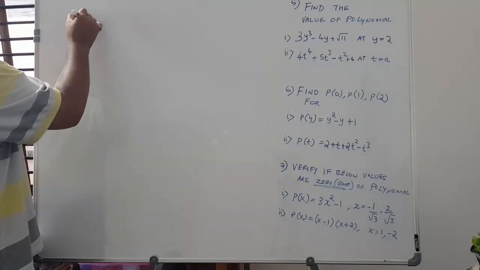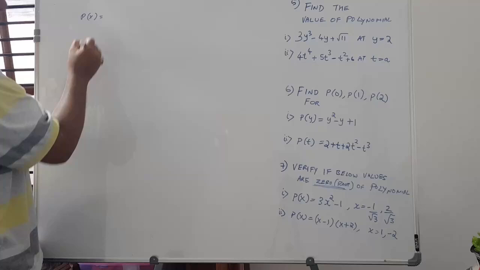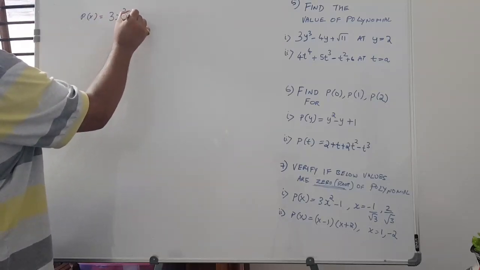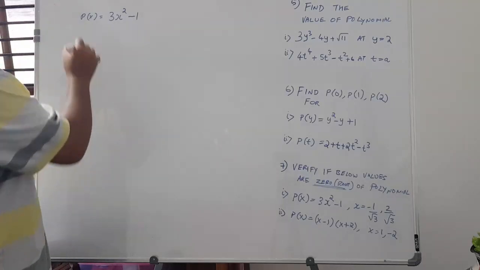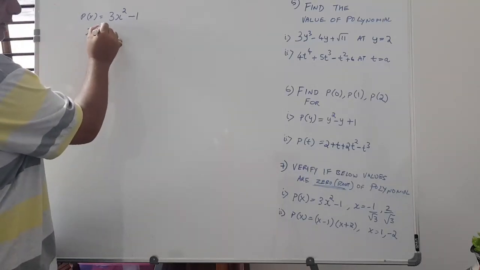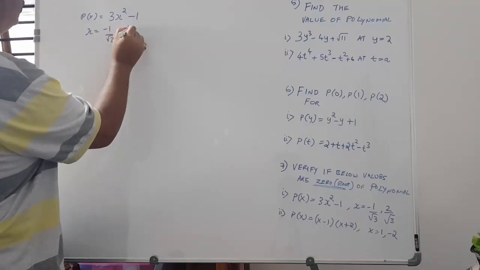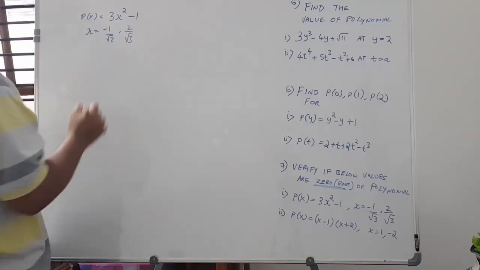So if I have p of x is equal to 3x squared minus 1, right? So I need to verify whether x is equal to minus 1 by root 3 and 2 by root 3, whether these are the roots.